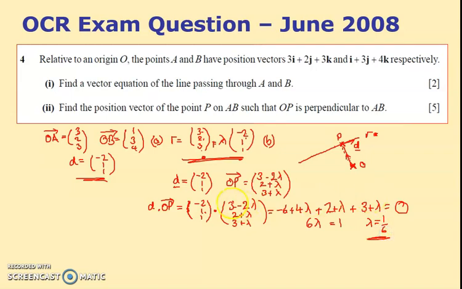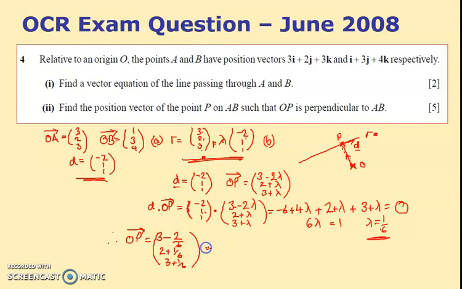That's lambda. So what's my position vector of P? Therefore, OP equals, remember the equation, it's here, 3 minus 2 lambda. I could use either this equation or this one. OP is 3 minus 2 sixths, 2 plus a sixth, and 3 plus a sixth.